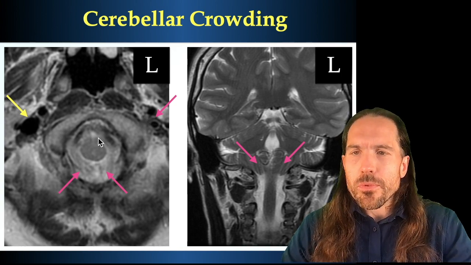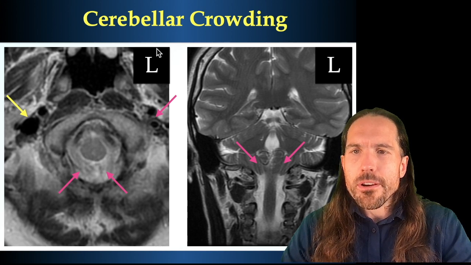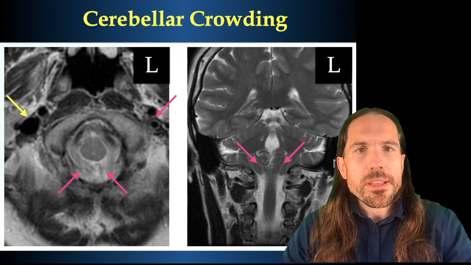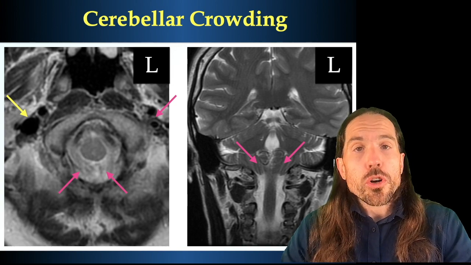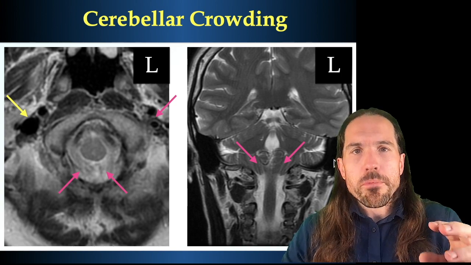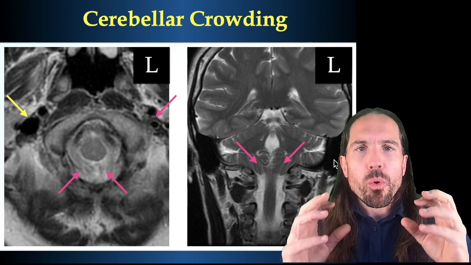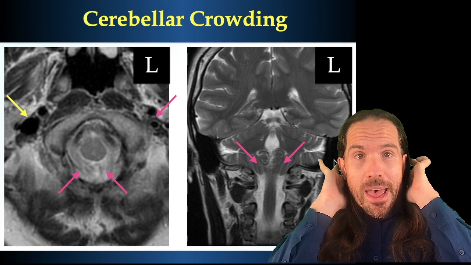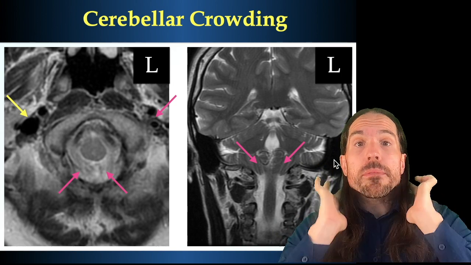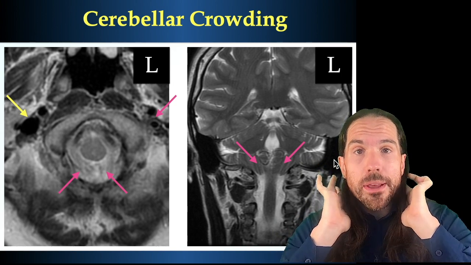So the first thing that we see on her MRIs here, and I've put a couple of little markers here for you, is a phenomenon that's known as cerebellar crowding. In brief, the cerebellum is the balance coordination hub at the very back of the skull, where your skull meets the upper part of your neck.